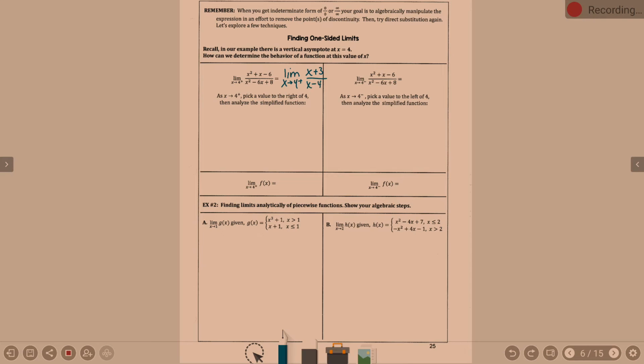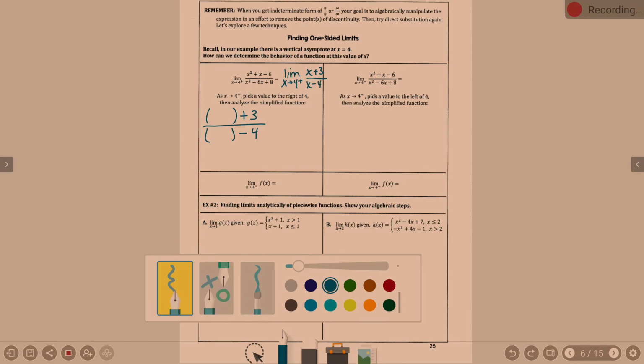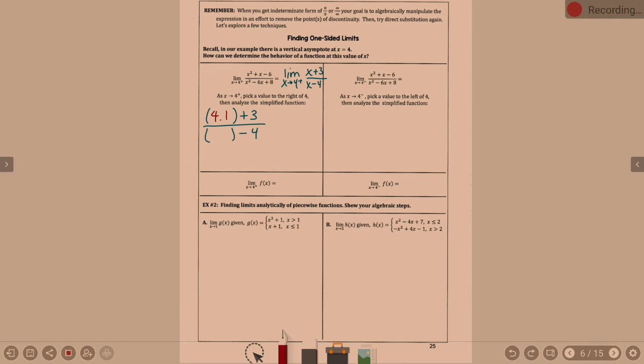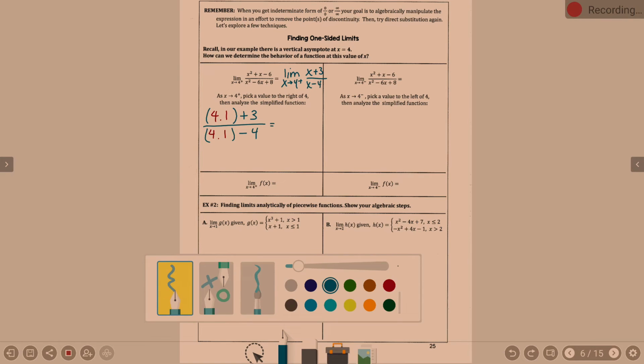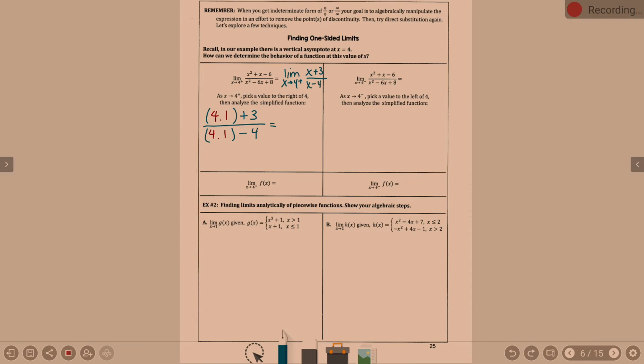Okay, if we use something like 4.1. So, I'm going to say 4.1 plus 3 over 4.1 minus 4, yes? Do some math with me. 4.1 plus 3 is 7.1. 4.1 minus 4 is 0.1.